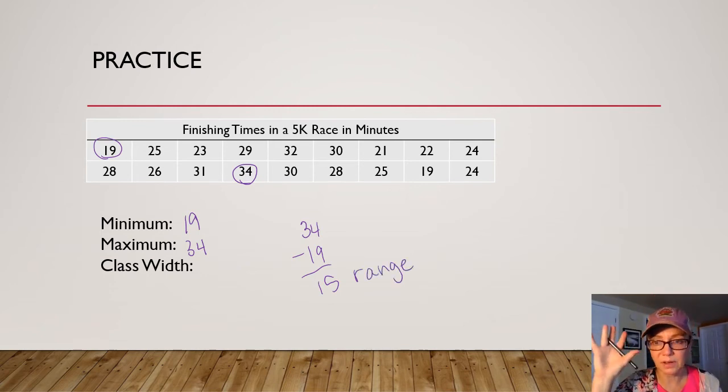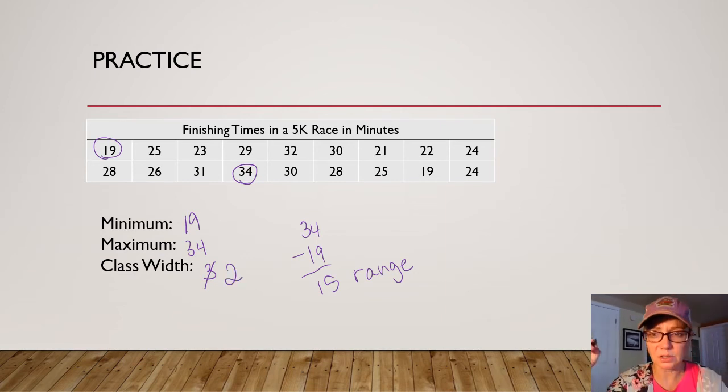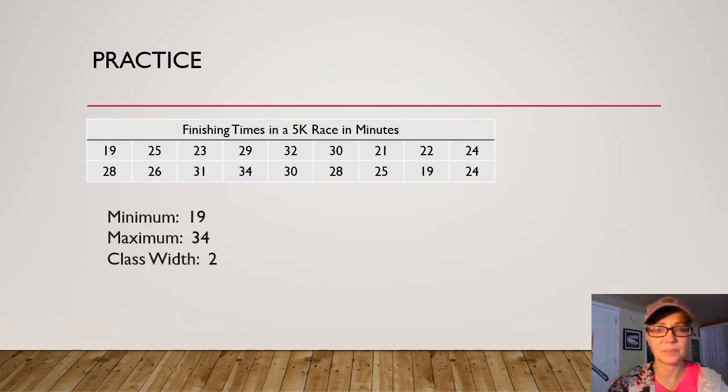Now we want at least 5 classes. 15 divided by 5 is 3. So a class width of 3 is something worth trying. Now when I did this myself with a class width of 3, I actually only ended up with 4 classes. So then I went back and said, okay, I'm going to do a class width of 2. You can see my class width right here.